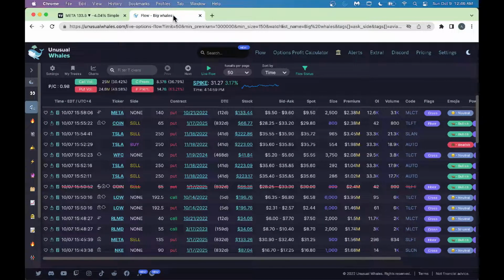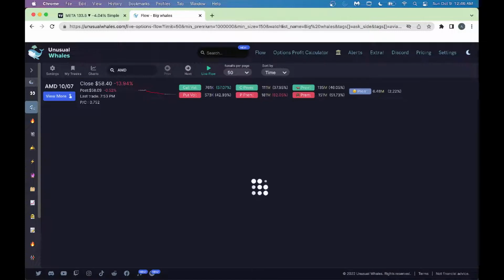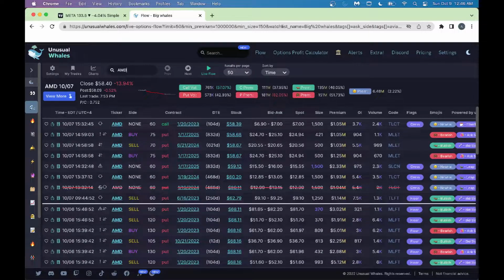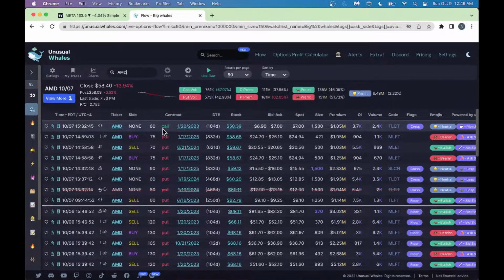In a nutshell, I think it's a great platform. And one more thing I want to show you is, many times when I want to look at a stock, I want to look at some confirmation, I go to this tool. For example, let's take a stock like AMD. AMD came down drastically. I just click on AMD here. Look at the flow, what's going on here.